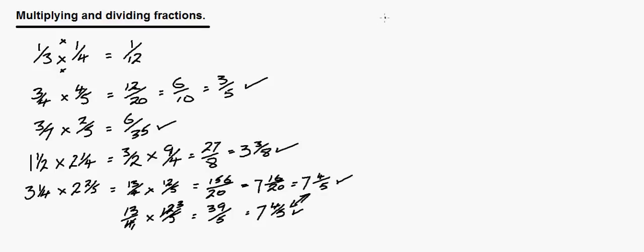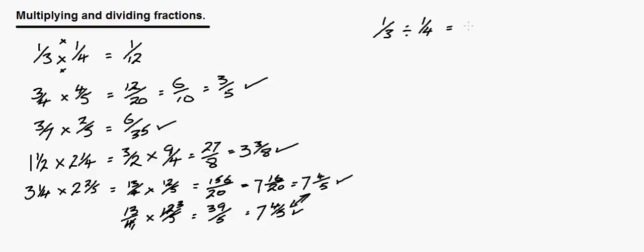Let's go back to 1/3, but this time divided by 1/4. Okay. Now, as a mathematician, I look at this and I think, I really cannot be bothered with this. I like this. Now, division is the exact opposite of multiplication.